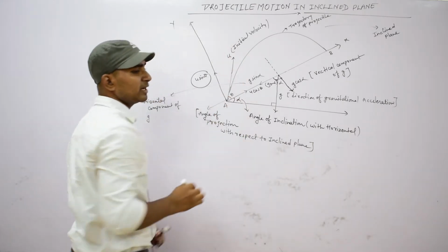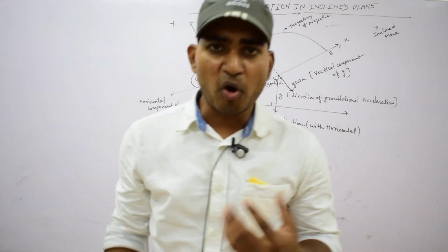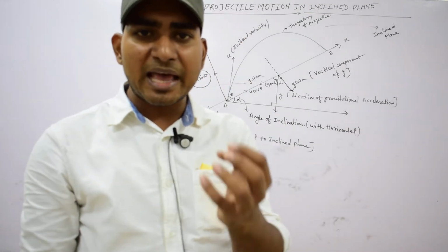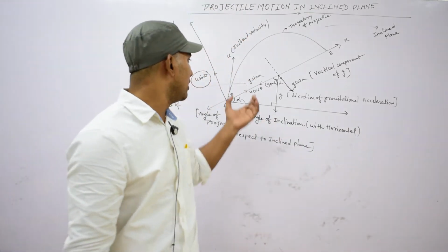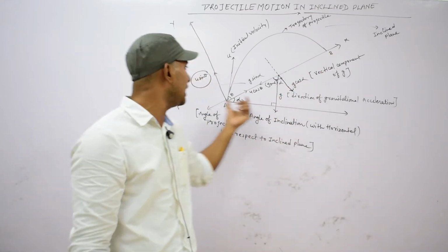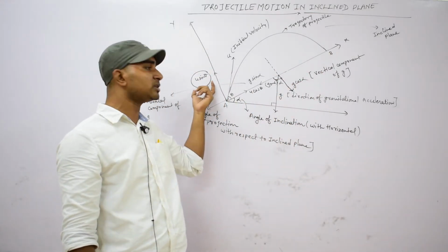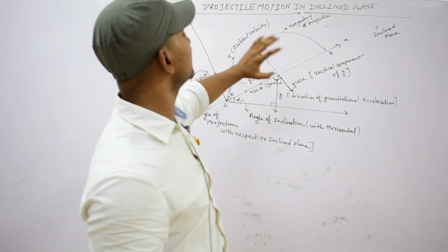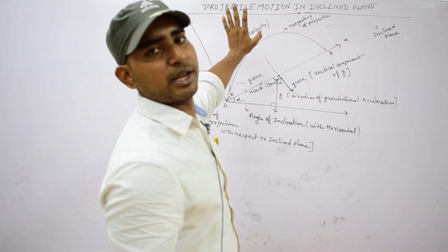When we consider u cos theta, we are considering the horizontal motion, and when we consider u sin theta, we are considering the motion in the vertical direction.